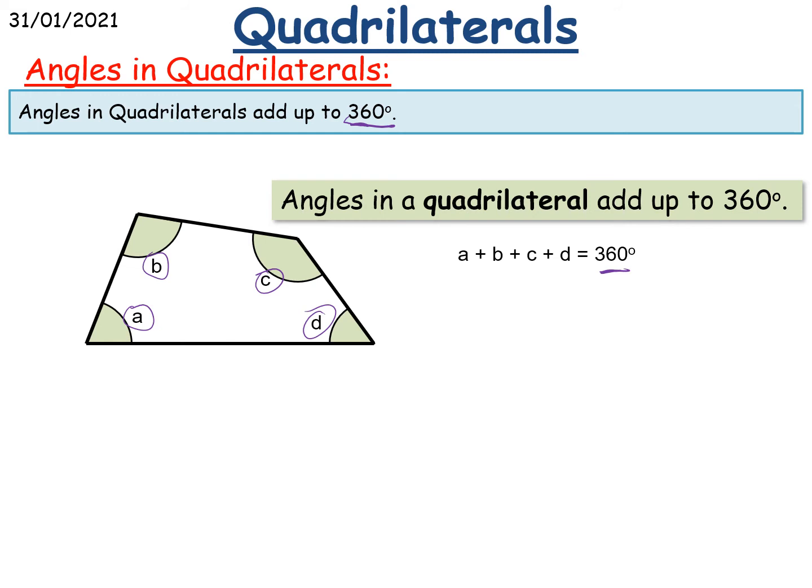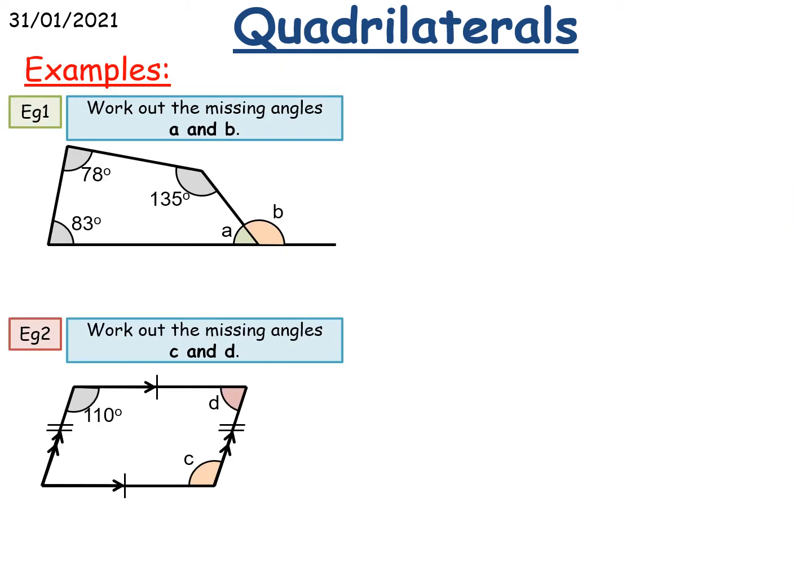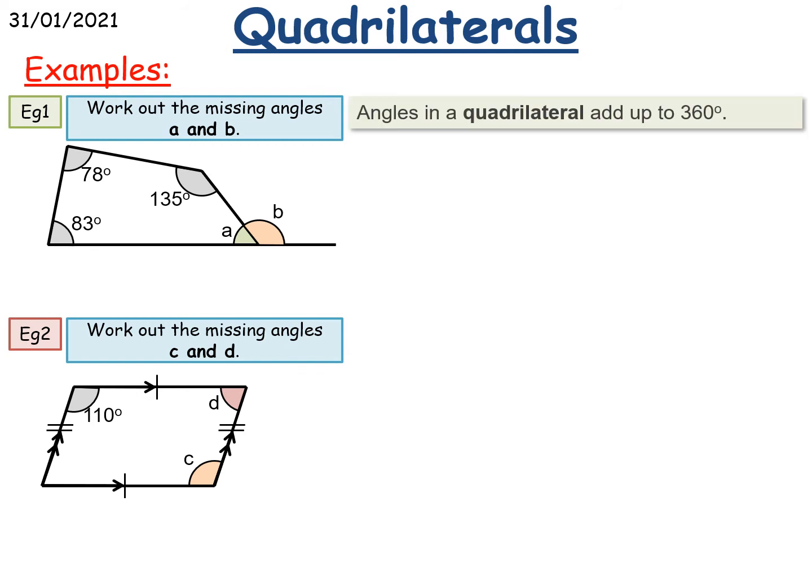So let's take a look at some examples. Here, we need to work out the missing angles A and B. So if we add up the four angles inside this quadrilateral, it should give us 360 degrees, because angles inside a quadrilateral add up to 360.